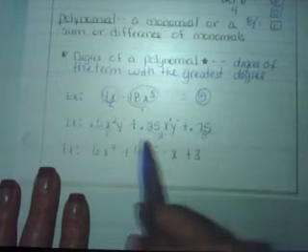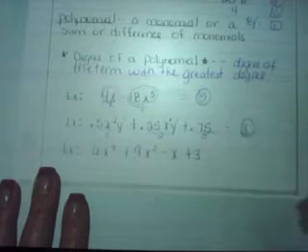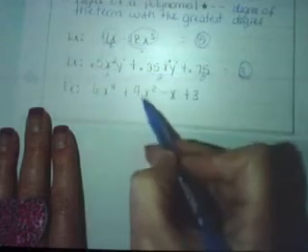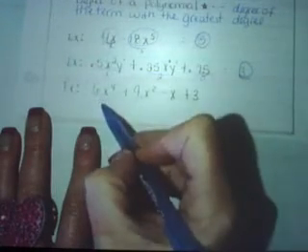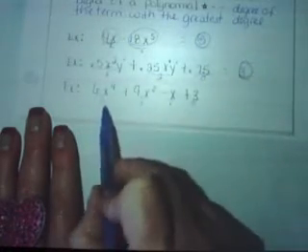So I can see that the highest degree of this polynomial is going to be 3. And then here, I have 4 terms. Okay, the degrees of these terms are 4, 2, 1, and 0. So the degree of this polynomial is going to be 4.